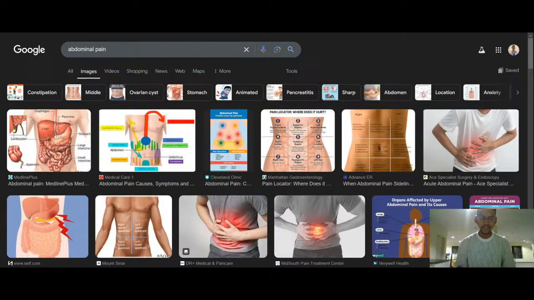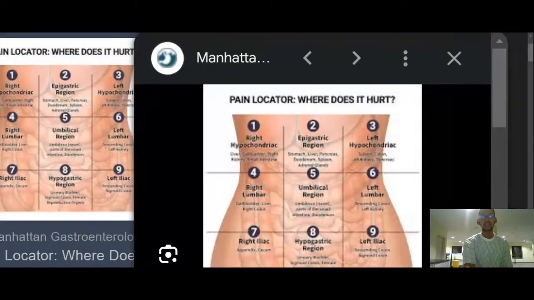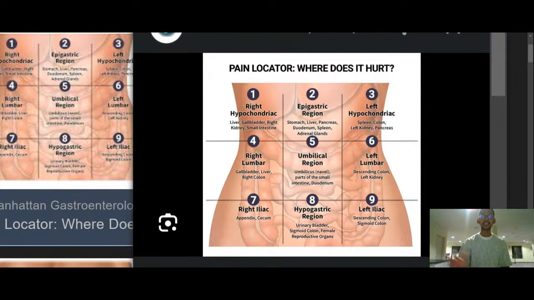Okay, so the first condition that patients generally present with is that of abdominal pain. Now, looking at the abdomen, our approach to abdominal pain is that there are many causes of abdominal pain, right?